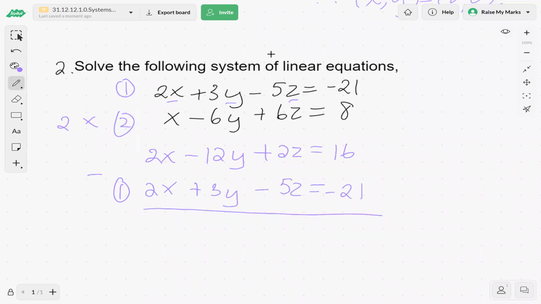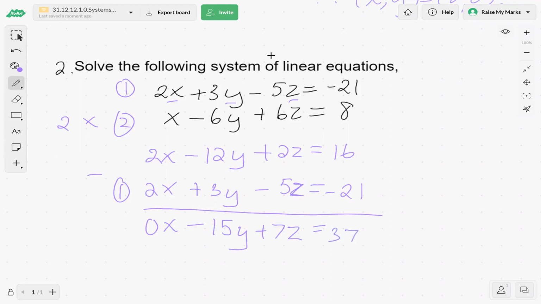All right. Then we get 0x, we get negative 15y plus 7z equals, and oh, it's a big number, we have 16 plus 21, so that's actually 37.